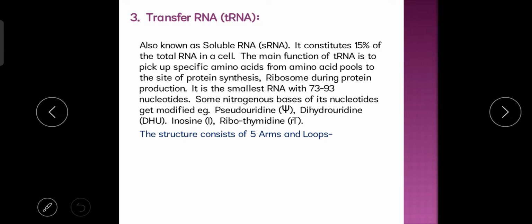The examples are pseudouridine, psi, dihydrouridine, DHU, inosine, I, and ribothymidine, RT. Okay, remember, these four are the modified nitrogenous bases of the nucleotides of transfer RNA.